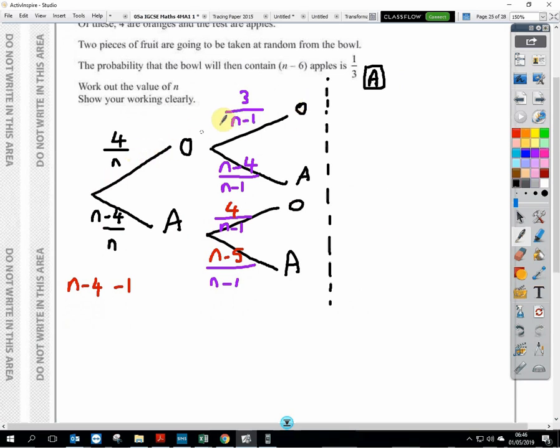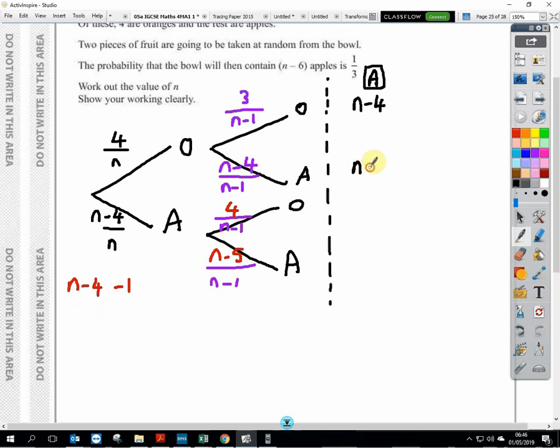So here, you've taken 2 oranges. If you've taken 2 oranges, how many apples are in the bag? Well, originally there was n minus 4, so there's still n minus 4. Next one, you've taken 1 orange and 1 apple, so there's 1 less apple in the bag.